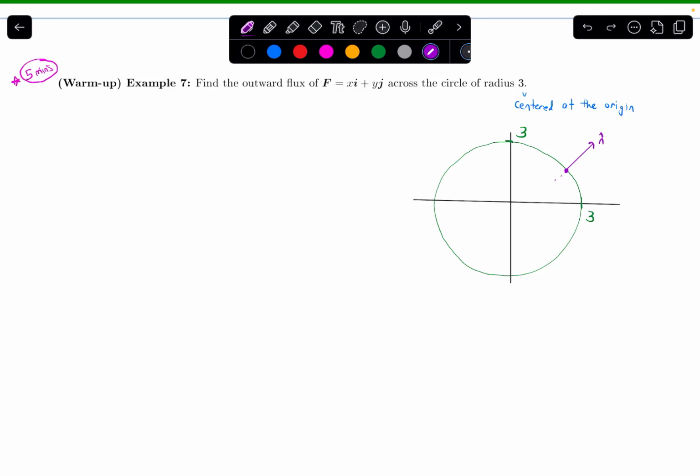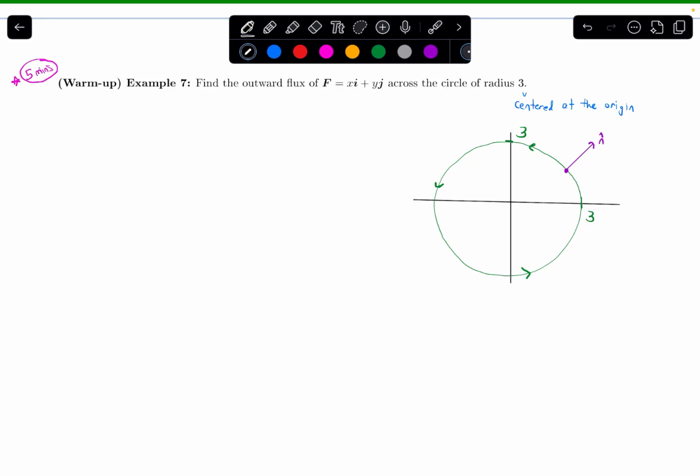Based on that, as we're traveling along the curve, the normal vector should point to the right, which happens if I'm traveling counterclockwise. If I was traveling clockwise, then what would appear to be to the right would be this way, which is inward. Because the problem tells me it's the outward flux, I have to be going in this counterclockwise direction along the circle.